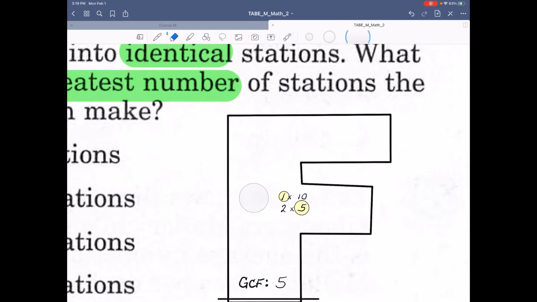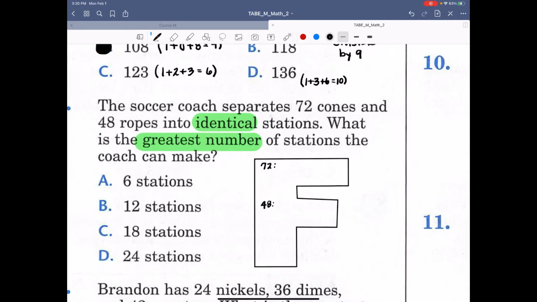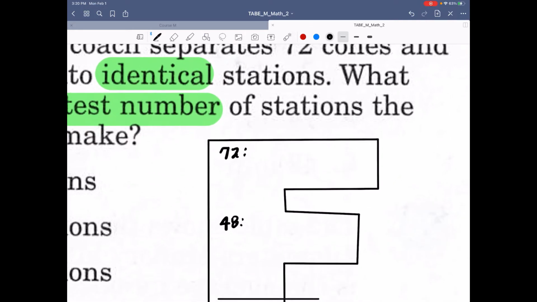Let me get those out of there. The greatest common factor of 72 and 48. So 72, let's list the factors.